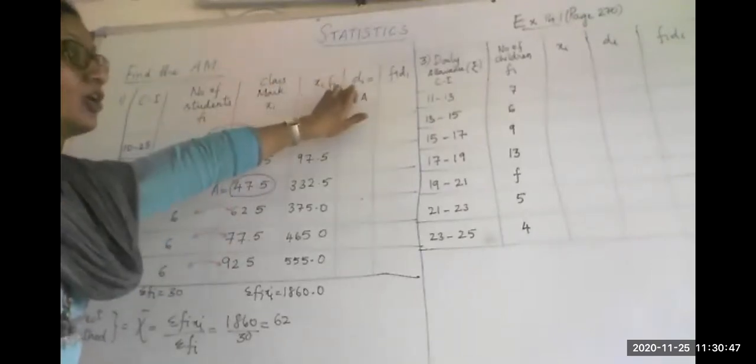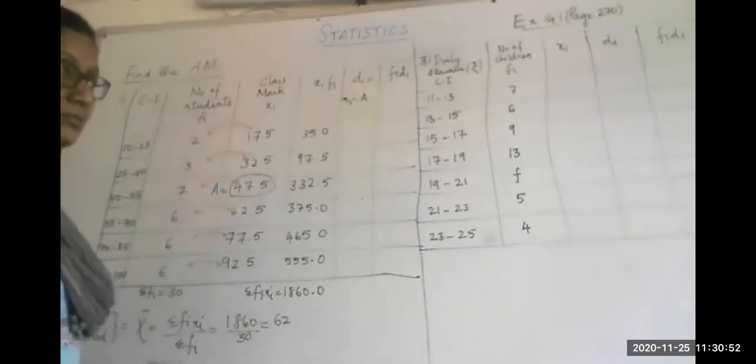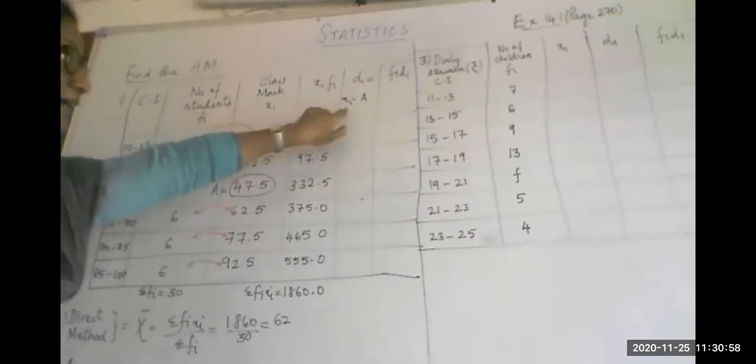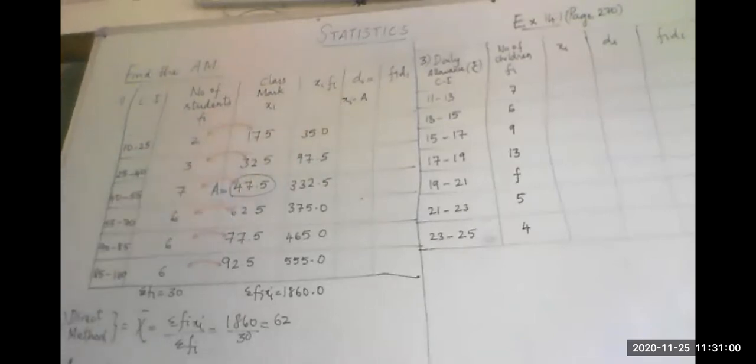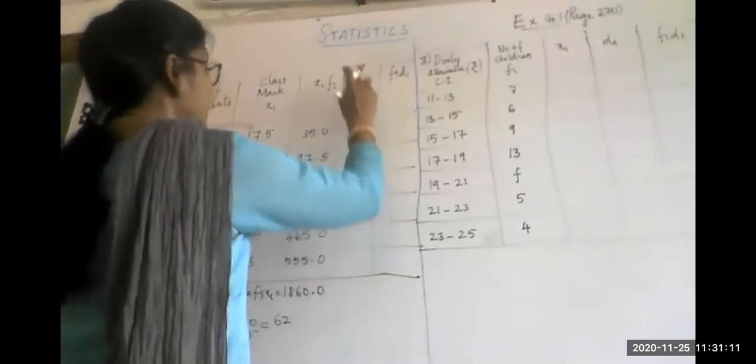That is what I call the deviation. di is equal to xi minus the assumed mean. What is my xi in the first case? It is 17.5, so it will be 17.5 minus 47.5. What will you get when you subtract 47.5 from 17.5? Negative 30. Yes, that is your first di value.